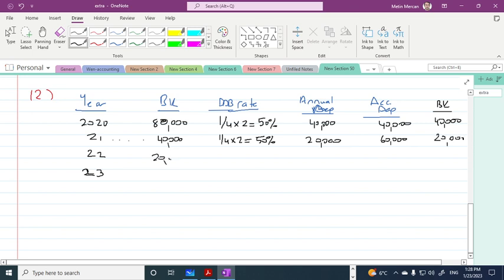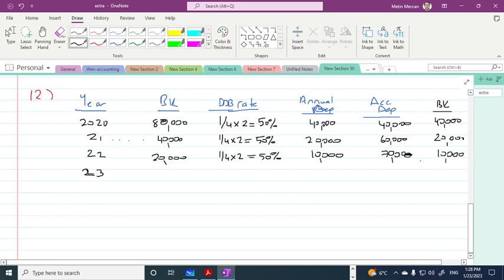And then here, $20,000, the same rate, 50%. So in this case, it will be $10,000. So accumulated depreciation is $70,000, and the remaining book value will be $10,000.